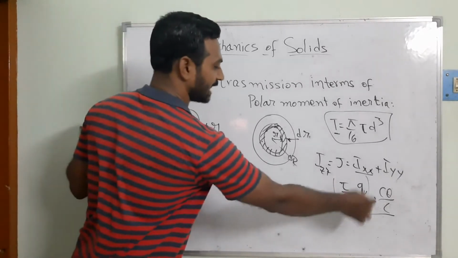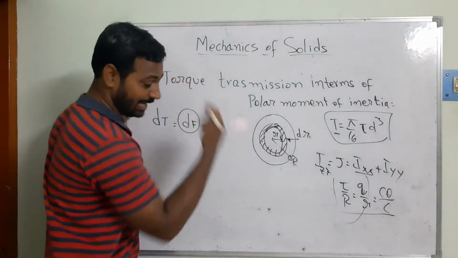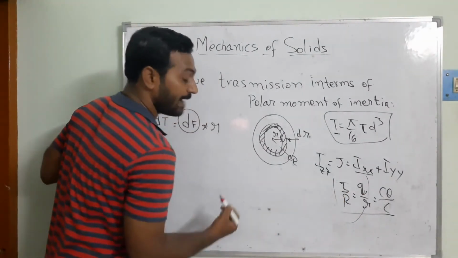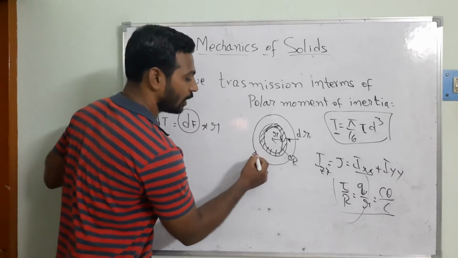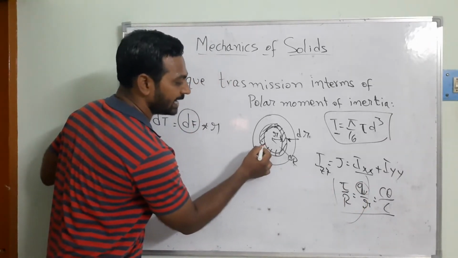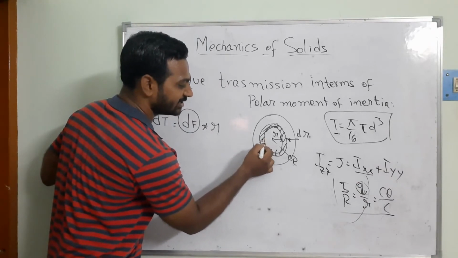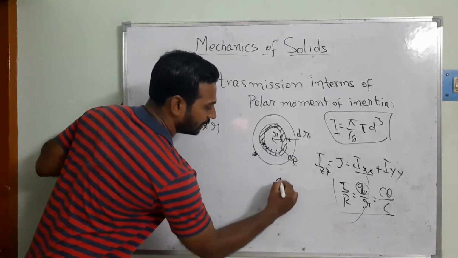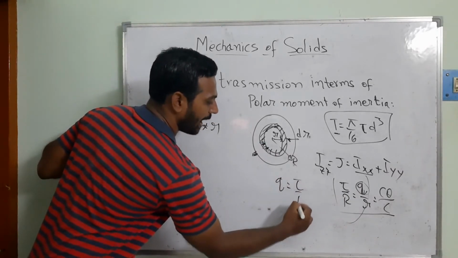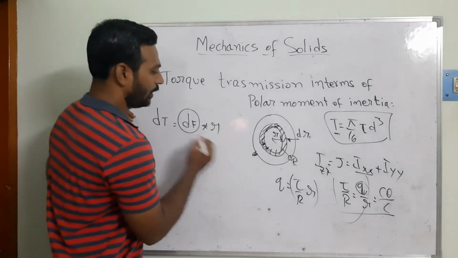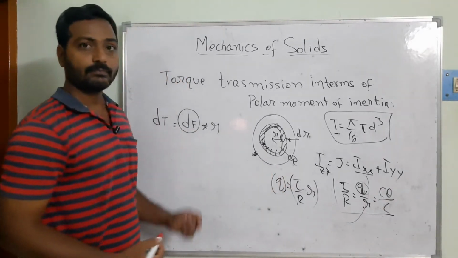From these equations, tau is the maximum shear stress existing on the outer surface, and small q is the shear stress existing on this elemental ring. From this equation, q is equal to tau by R into small r.